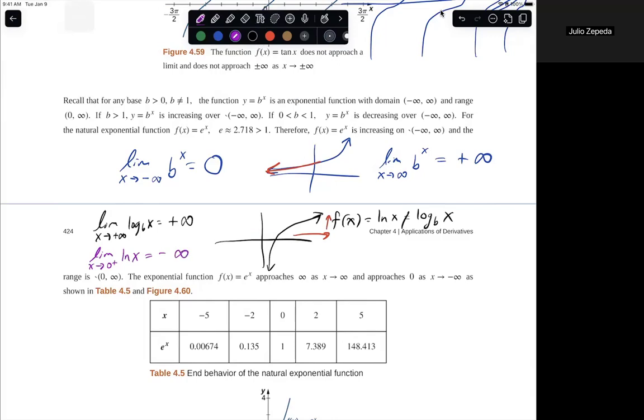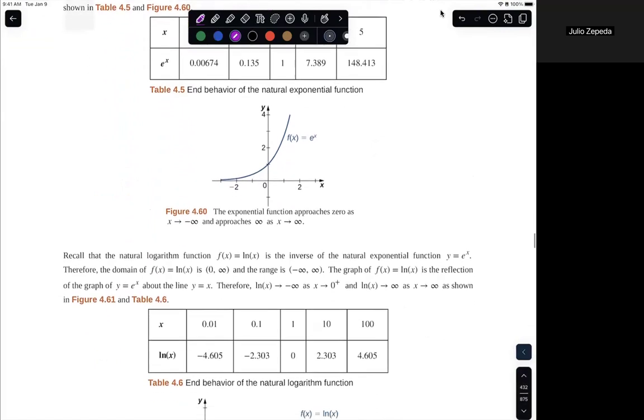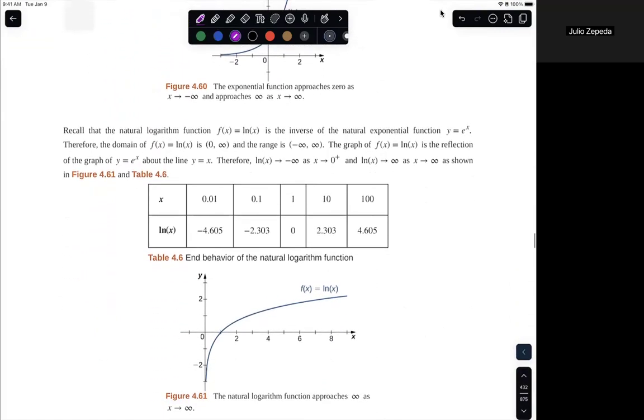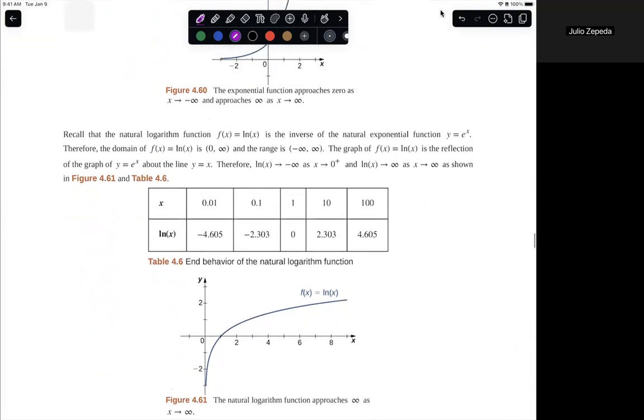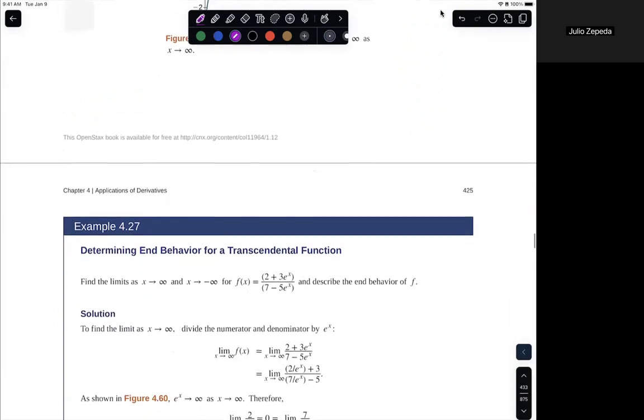We can see that behavior. As we get closer to 0, the function goes to negative infinity. All right, so there we have it. And this is exactly what they say right here. You can see that from the graph.